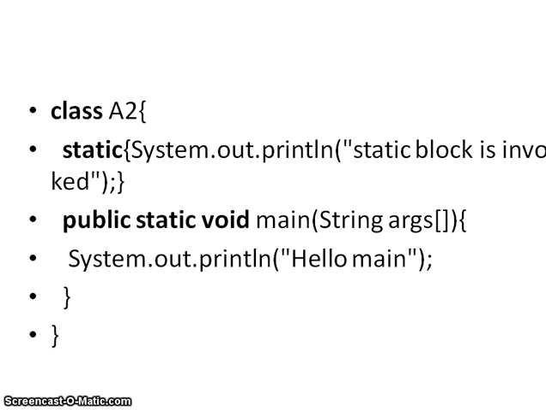In the main method, I print hello main. So your output will be: static block invoked. This static block is executed before the main method. So the first statement is the static block invoked, and the second is hello main. So this is about the static keyword.